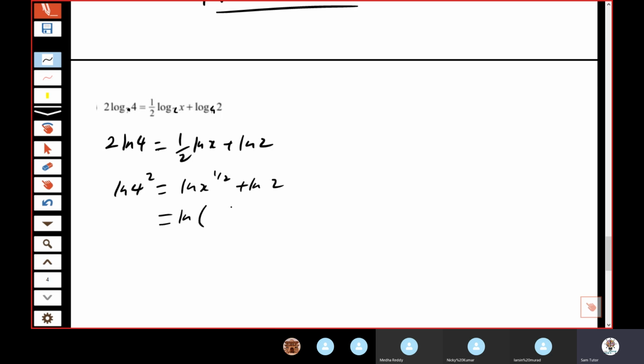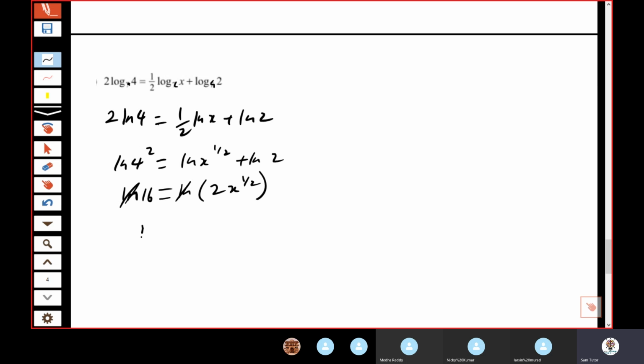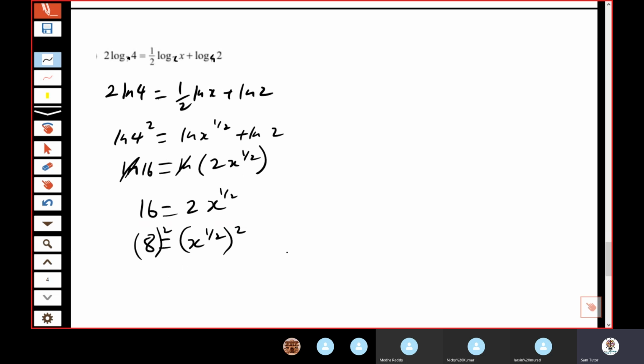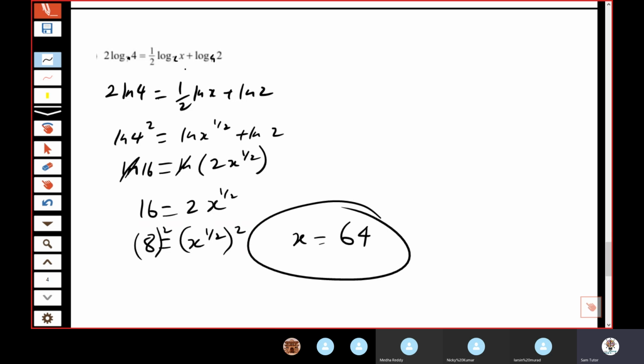I'm going to multiply these two things together. Now, I don't mind the logs because I can just cross them out. Now I'm left with 16 equals 2 x power half, or root x, however you wanted to write that. 16 divided by 2 is 8. And of course you square everything now to get rid of the surd. Sub back in, positive, you're done.